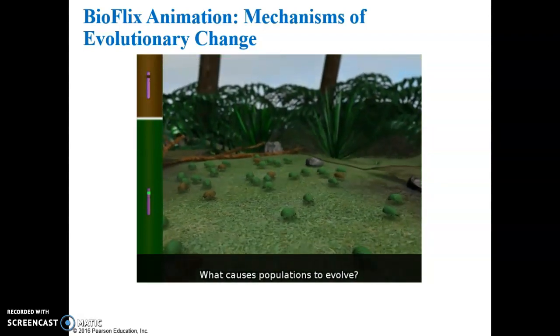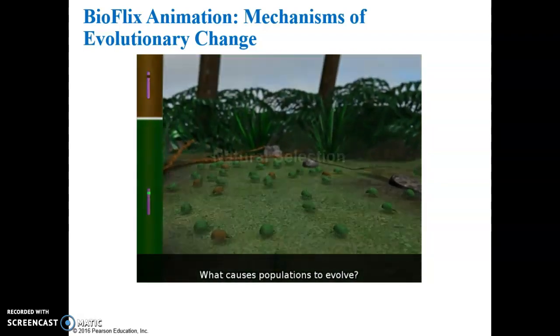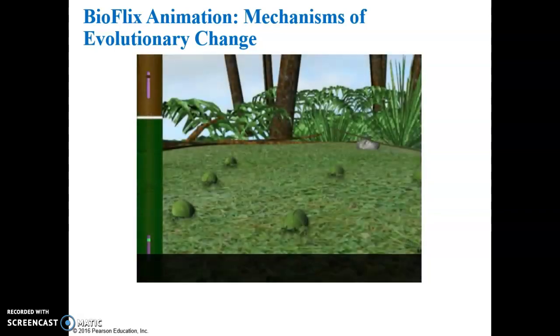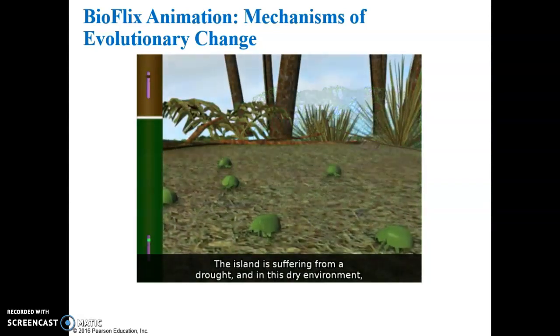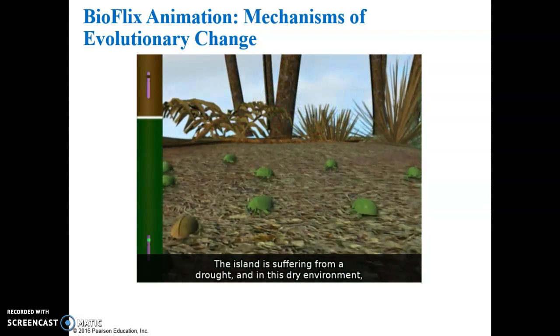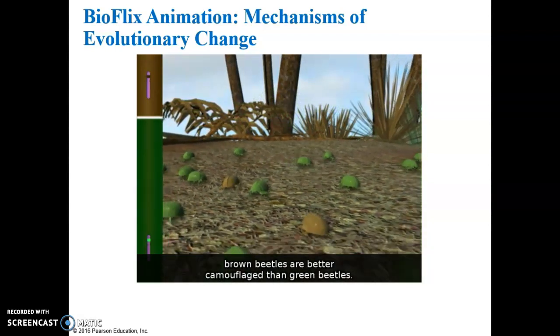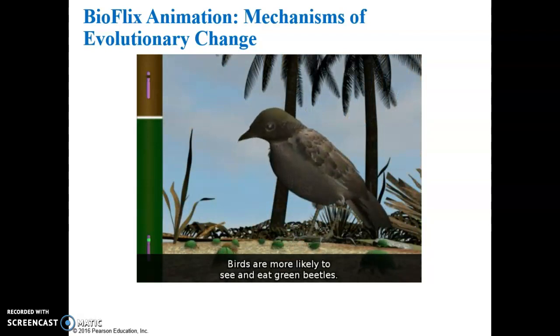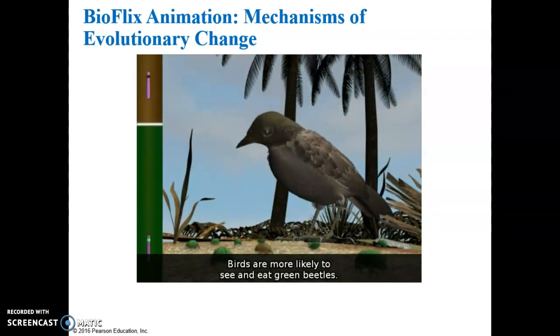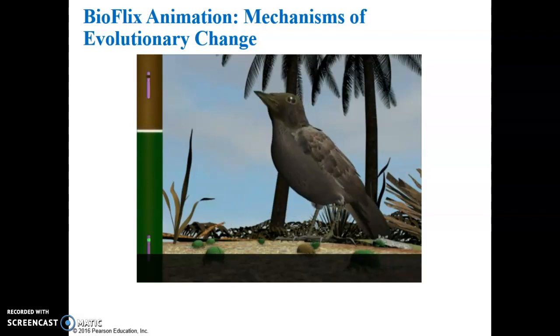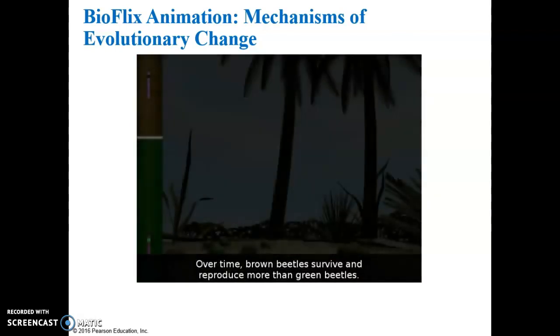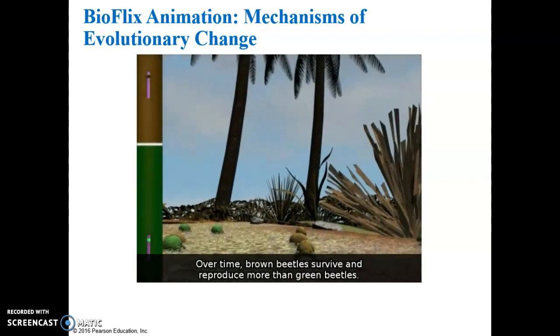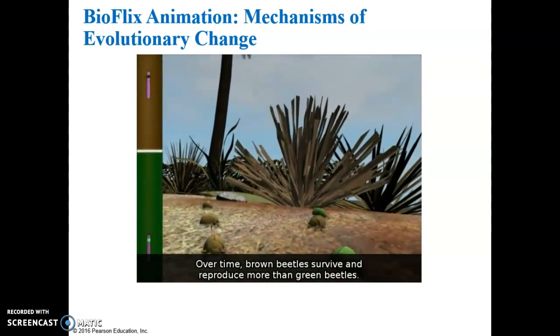What causes populations to evolve? The island is suffering from a drought, and in this dry environment, brown beetles are better camouflaged than green beetles. Birds are more likely to see and eat green beetles. Over time, brown beetles survive and reproduce more than green beetles.